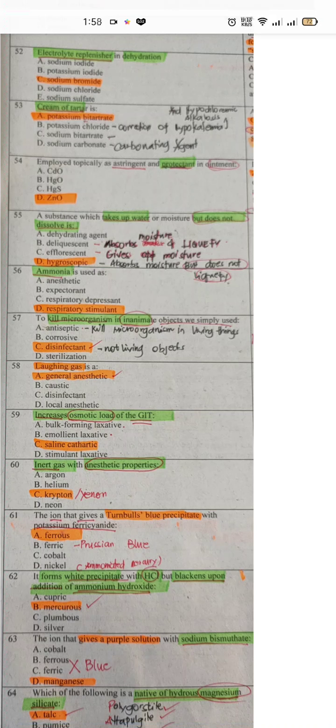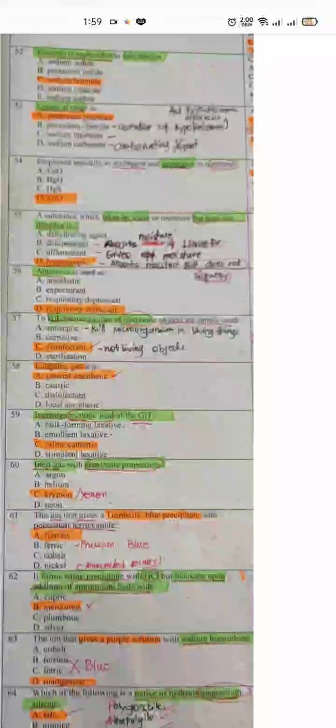Number 57, to kill microorganisms in inanimate objects, we simply use your disinfectant, while your antiseptic, it kills microorganisms in living things or animate objects. So, you have to see the difference between your antiseptic and your disinfectant.